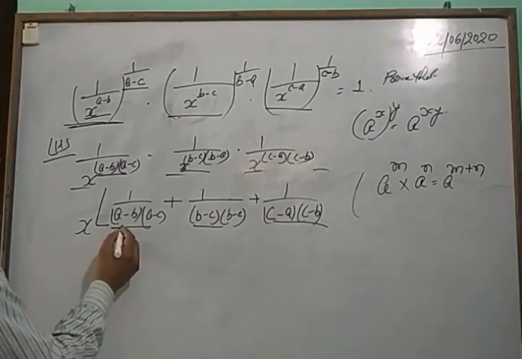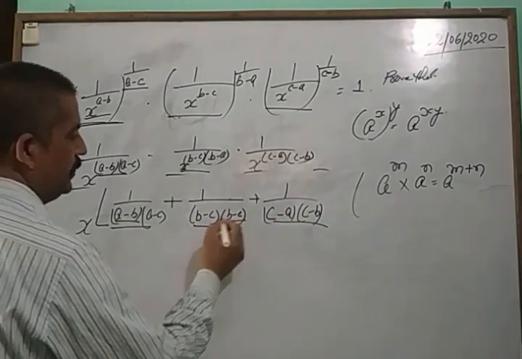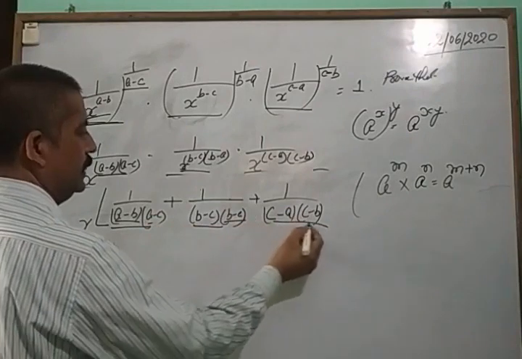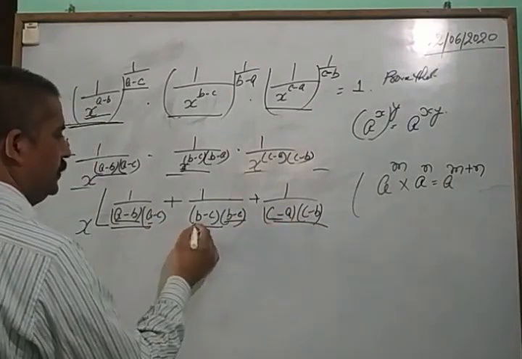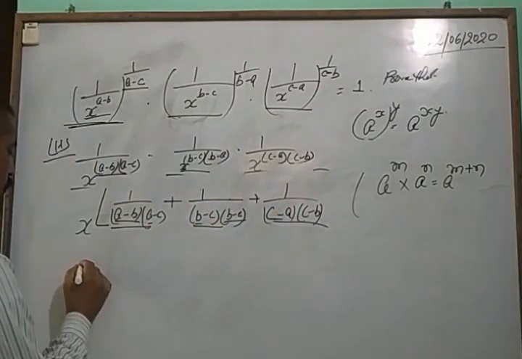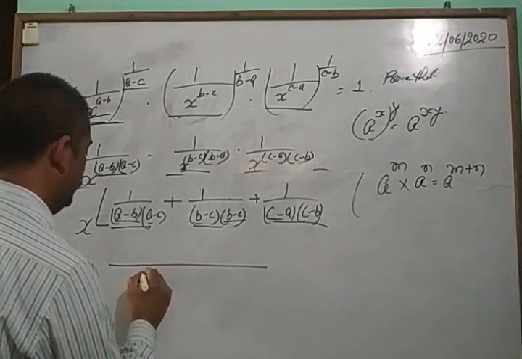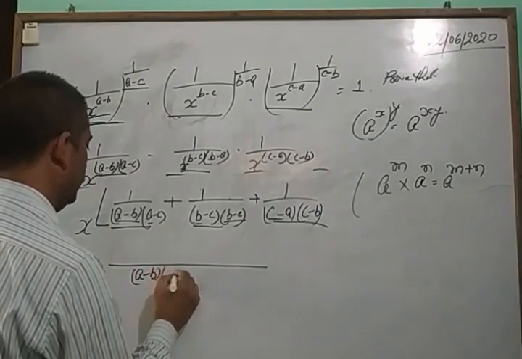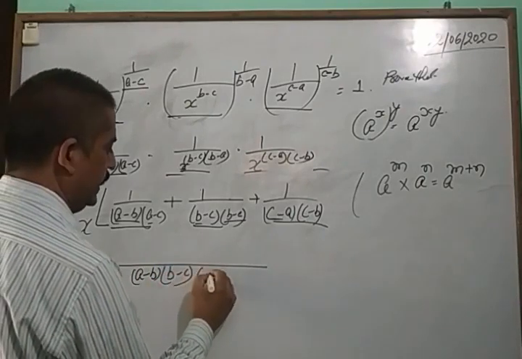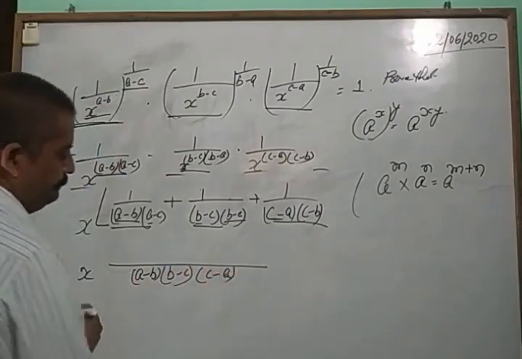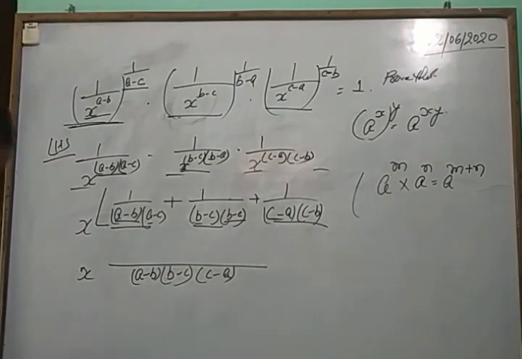So we see that AB, AB, AC, AC, BC, BC. So we take the LCM: a minus b, b minus c and c minus a. So LCM is the process.